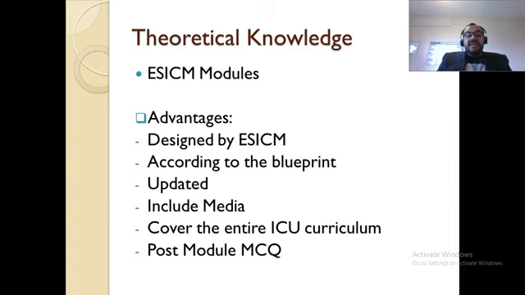And the second advantage is that they cover the entire ICU curriculum. And the last advantage is that they include a post-module MCQ, which you will find helpful for you to revise your knowledge and see what are the knowledge gaps in your preparation, and then you can go back to the module and revisit these areas of gaps.